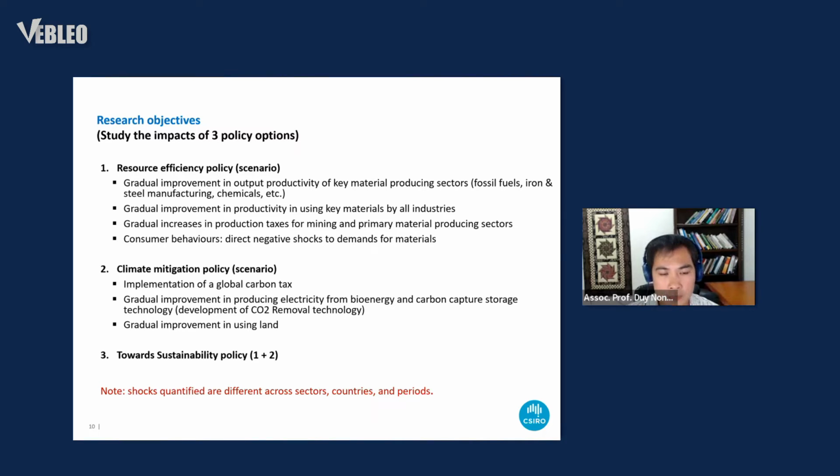So in this study, we collected all of the information from the literature and also from our previous study. And in the second scenario, we focus on the climate change mitigation policy, where we assume the implementation of a global carbon tax. When we have the tax on emission, this will reduce the incentive for industry and household to use fossil fuel and reduce emission.